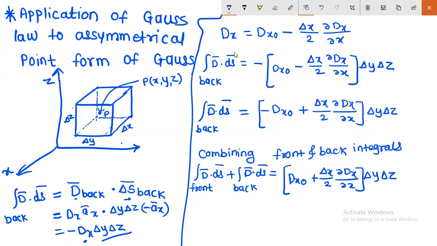And now for backside it is again plus into bracket minus dx0 plus delta x upon 2 daba dx upon daba x, and out of bracket delta y delta z. Okay, so note this correctly.